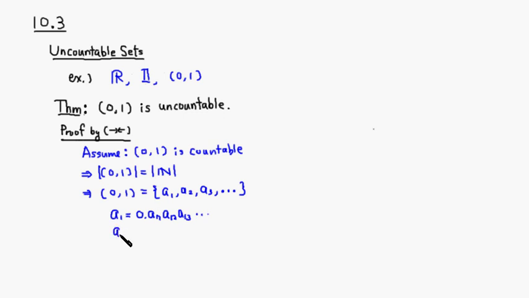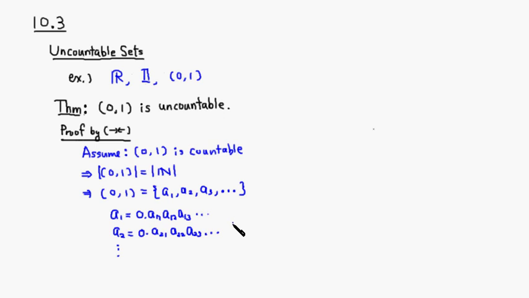And a2 is also 0.a21 a22 a23, and so on. And I just keep on doing that for each one. So we can list all the real numbers between 0 and 1 in this fashion.